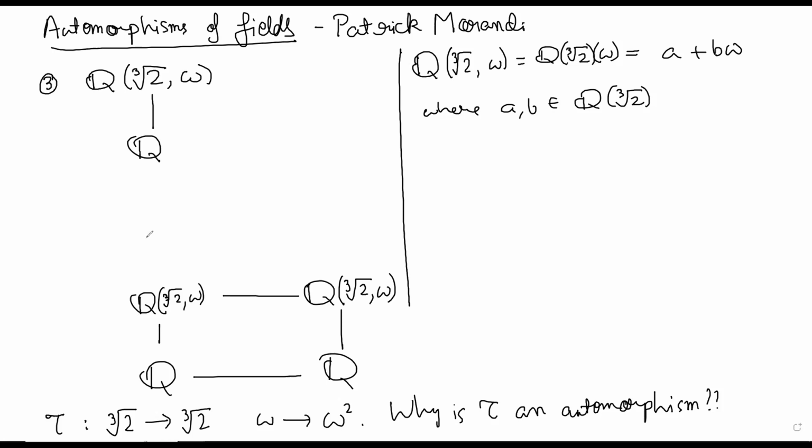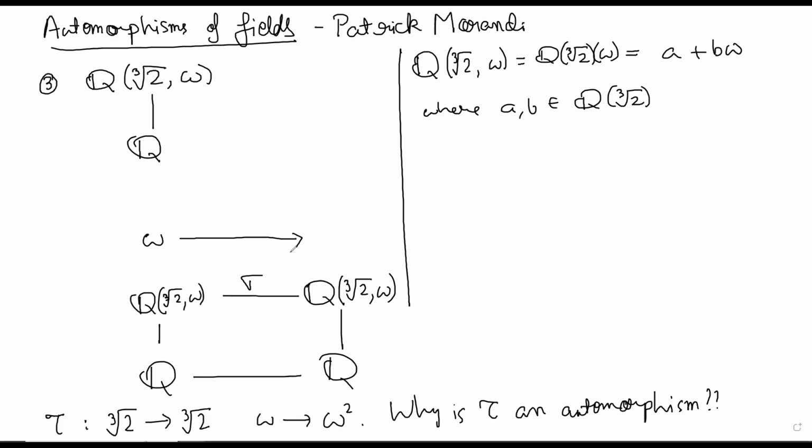Think about it. If you have omega on this side, and there is some arbitrary field automorphism with omega on the left-hand side, where can it go? I am coming to your question now. In defining omega, where can it possibly go?